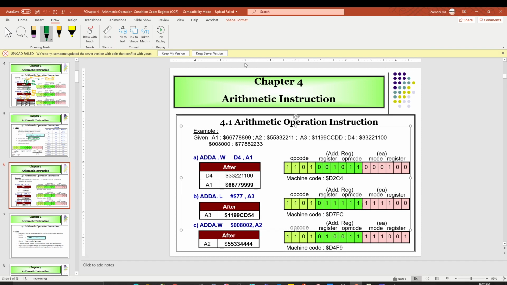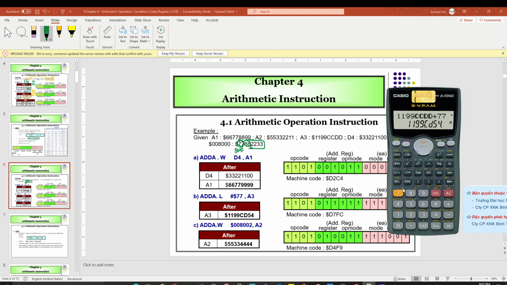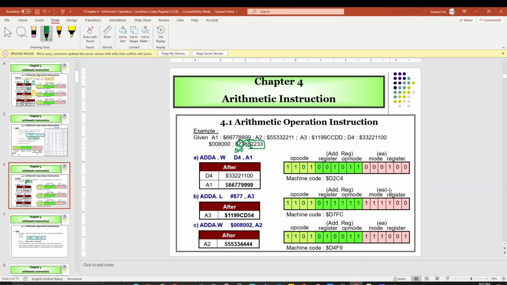This is 8000, this is 8001, and 2 starts from here. The word size must be this guy, 2233. Now you have to add A2. A2 is 55332211 plus 2233. Then the answer is 55334444. Okay, I got the same answer. You can try it by using your Easy68K to check the value.